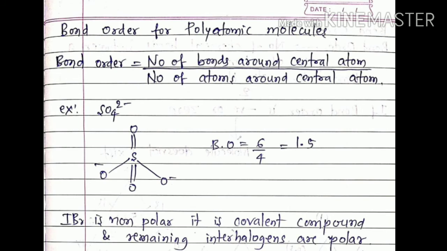In this case the bond order is the number of bonds around the central atom, 6, divided by the number of atoms, 4. So the bond order in this case is 1.5. So IBr is a non-polar covalent compound, and the remaining interhalogens are polar, right? Only IBr is non-polar covalent.